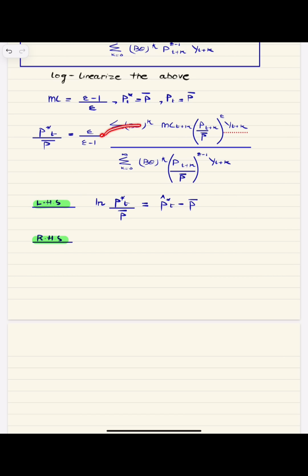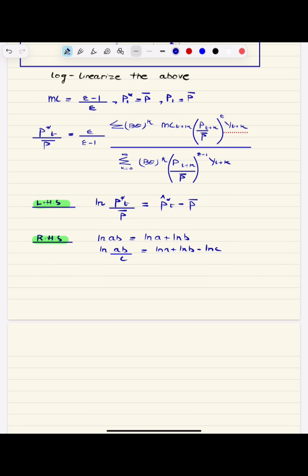These things are being multiplied, and there's a division sign, right? So for instance, ln of a b is the same as ln a plus ln b, right? And for instance, if we had ln of a b over a c, then it would have been ln a plus ln b minus ln c, right?